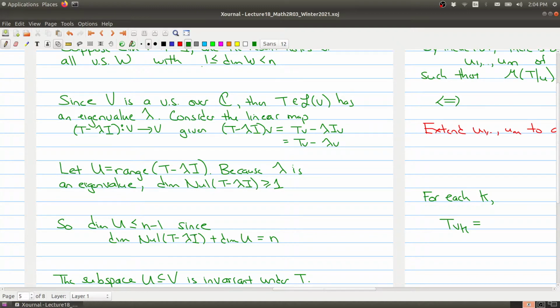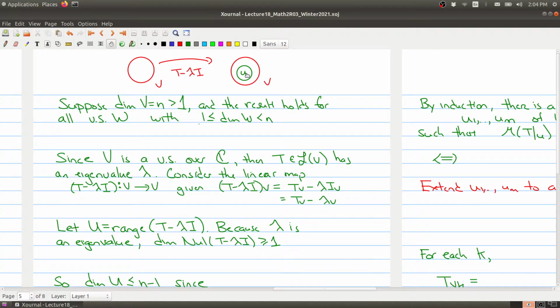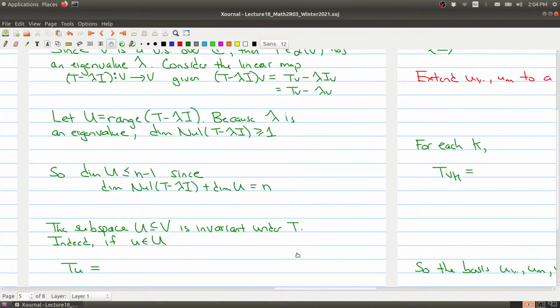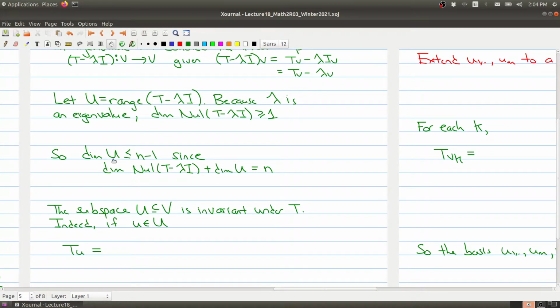Because the null space dimension is greater than or equal to 1, the dimension of U has to be less than or equal to n minus 1. In terms of the picture, U is properly sitting inside of V, and that's important because we want to say something about this space by induction.